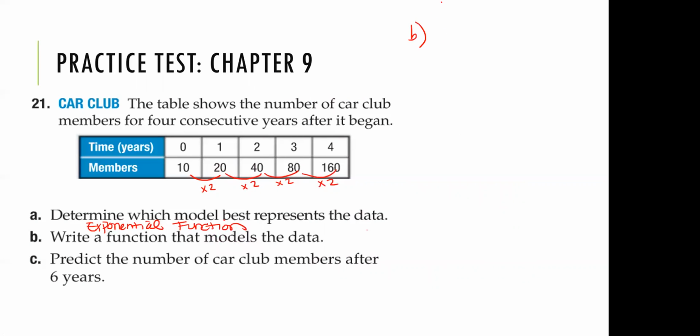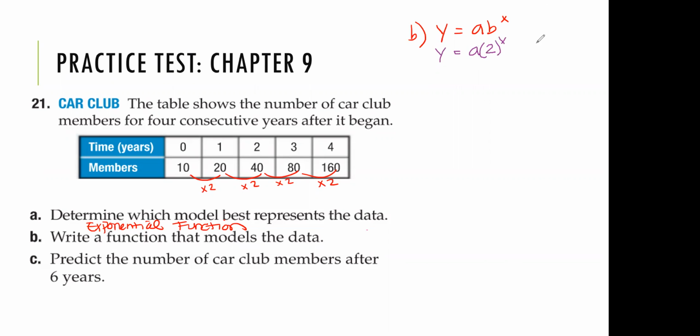So for an exponential function, you use the equation y equals a times b to the power of x, okay? And then b is the common ratio, okay? So I know a times 2 to the power of x, okay? So I need to find the value of a, okay?